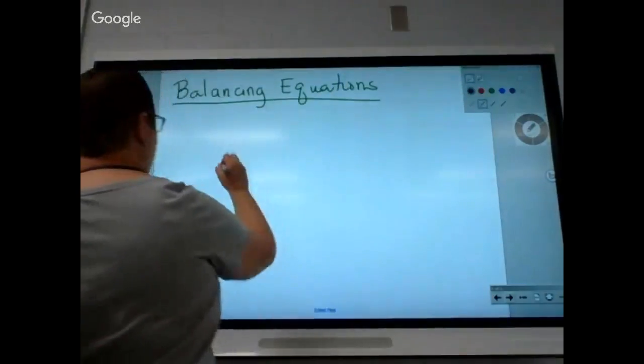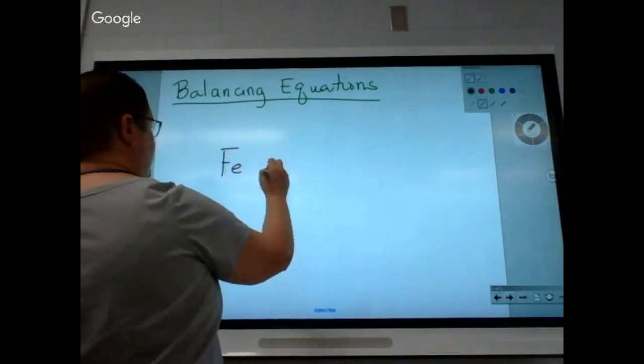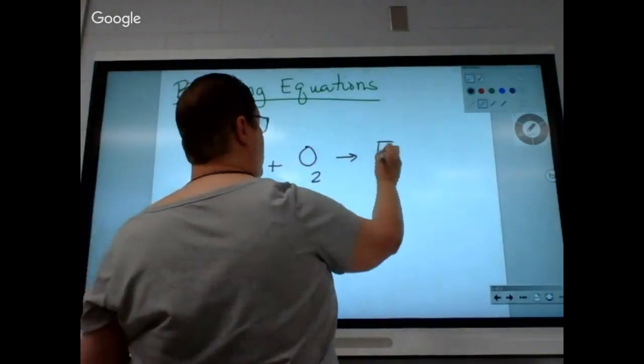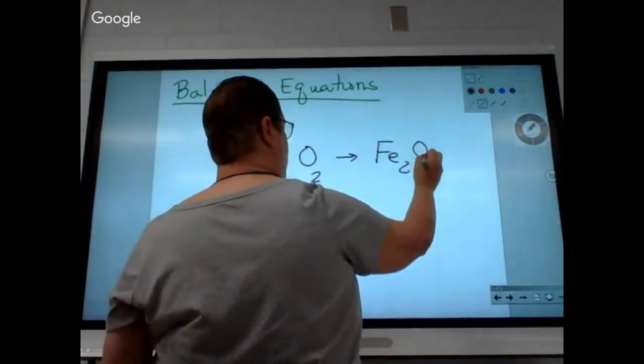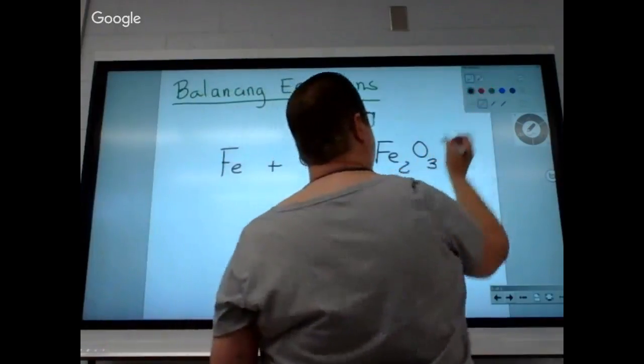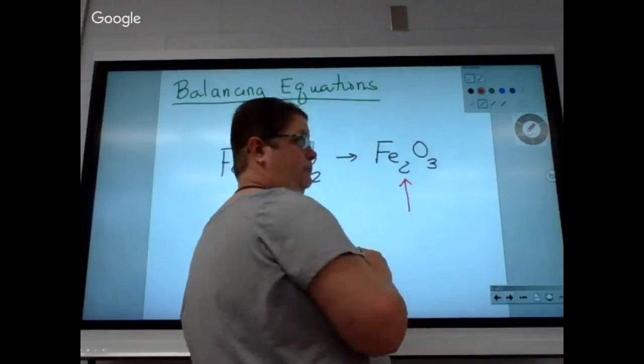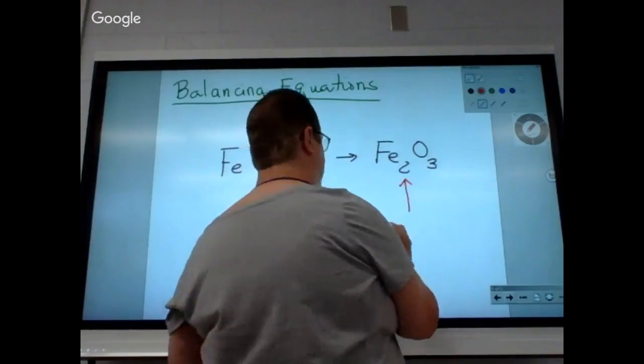Now, when you go to balance, I'm going to leave out all the symbols. We need to talk about 2 numbers, okay? These numbers right here are called what? Subscripts, okay?